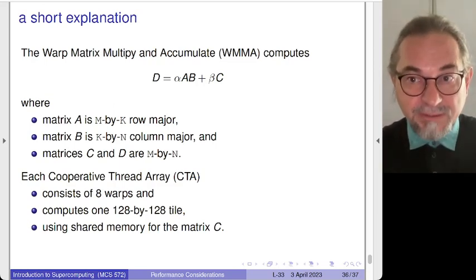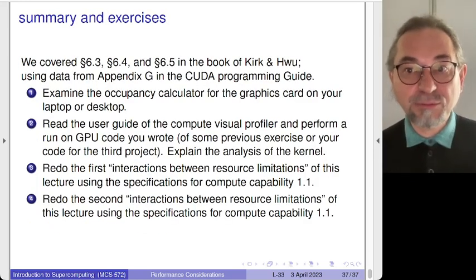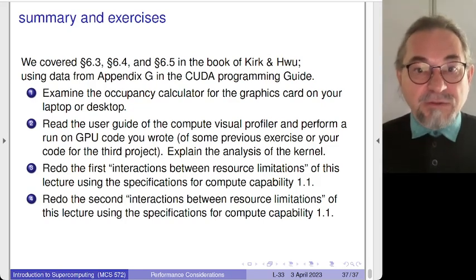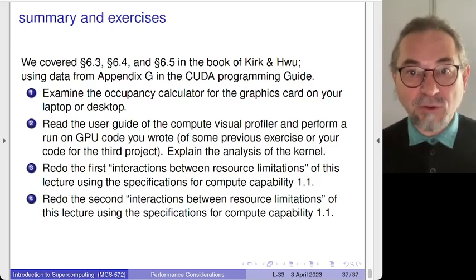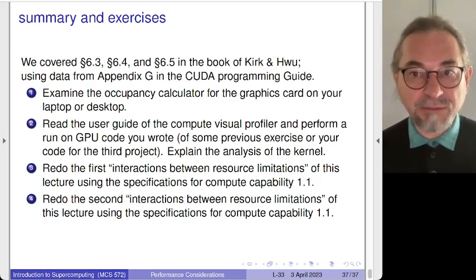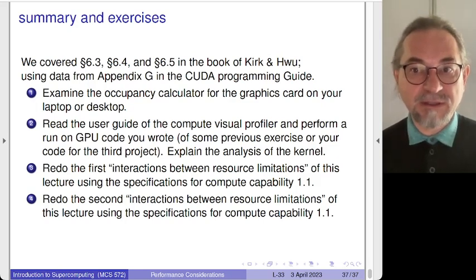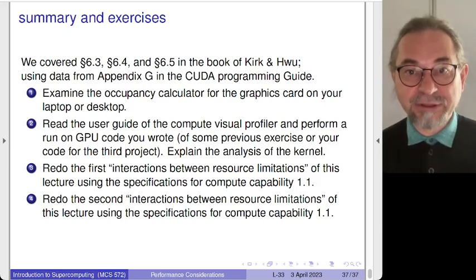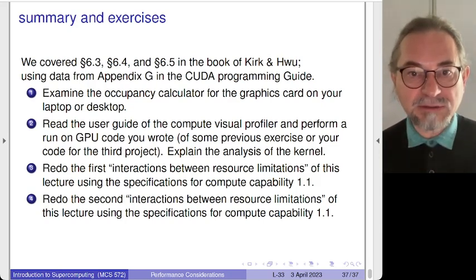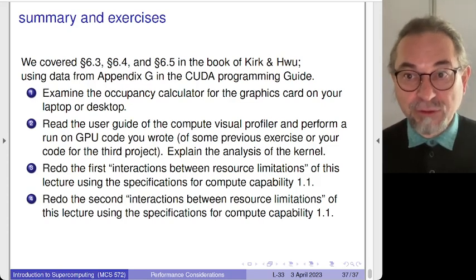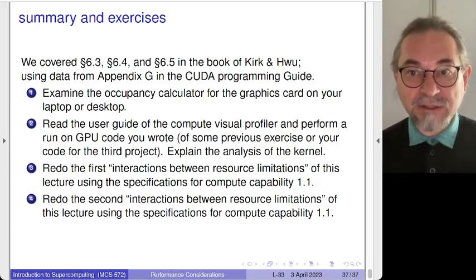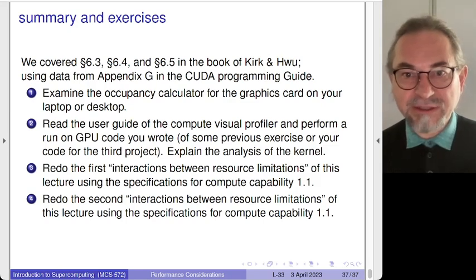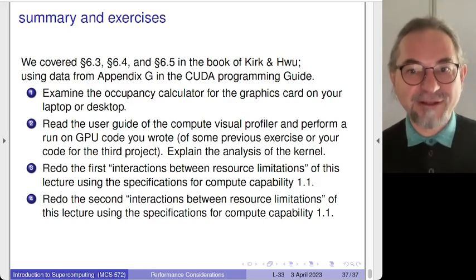Okay, so this was a very brief introduction into Tensor Cores, too brief. In this lecture on performance considerations, I was still very much following the first edition of the book on programming massively parallel processors. A lot comes from earlier editions of the CUDA programming guide. Every computer comes with a graphics card, and your operating system should tell you which it is.